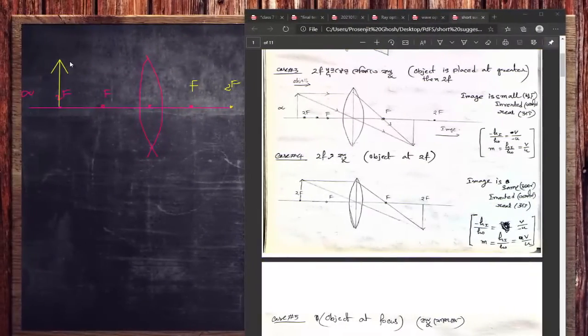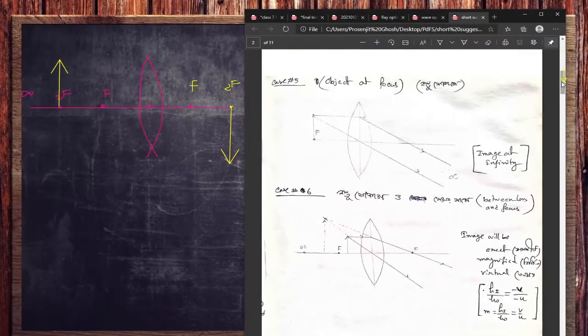Now the second case: the object is at 2f. So the image will also be at 2f, but this time the image also will be inverted. You can see the possible ray diagram, how it is happening.